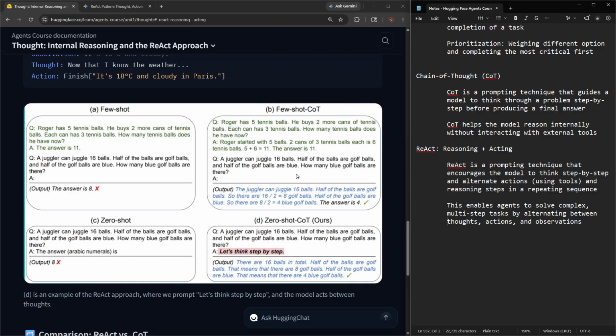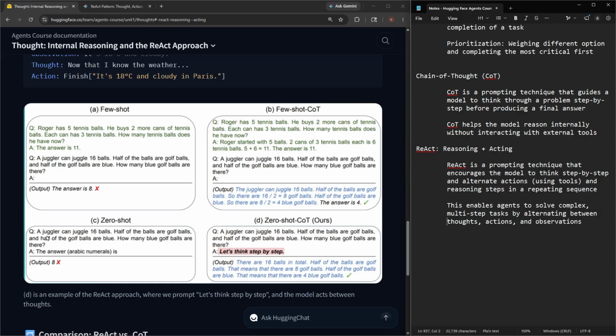And then on the juggler one, it takes from the first sentence: the juggler can juggle 16 balls. Half the balls are golf balls. So there are 16 divided by 2, which equals 8 golf balls. True. Half of the golf balls are blue, so 8 divided by 2, which is 4. Yes. It does it pretty much the same, using this template to answer it.